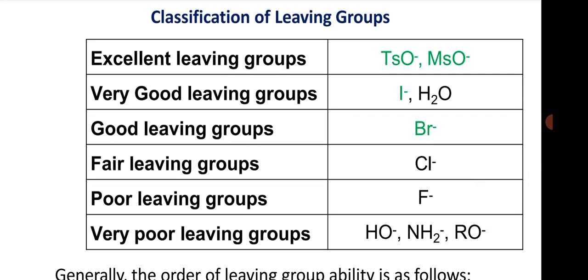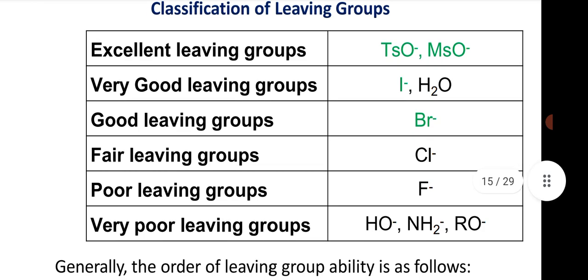Here we are discussing the different groups according to their ability as a leaving group. For example, second, we have iodine and water. We already discussed iodine: due to its polarization, it has the ability to act as a good nucleophile as well as a good leaving group. Water. While discussing water, we have seen that water is a very stable species.